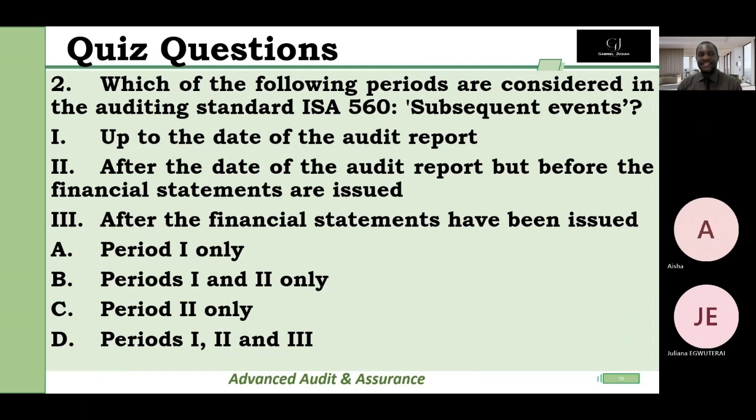A, period 1 only. B, period 1 and 2 only. They didn't mix these options very well. This one may be easy to get. C, period 2 only. And D, period 1, 2, 3.